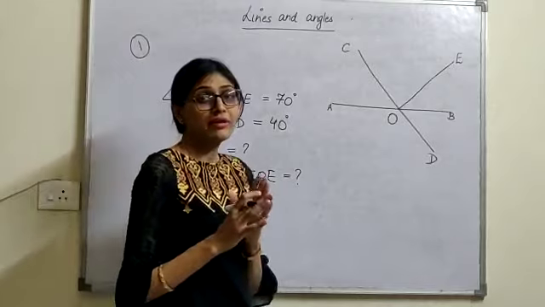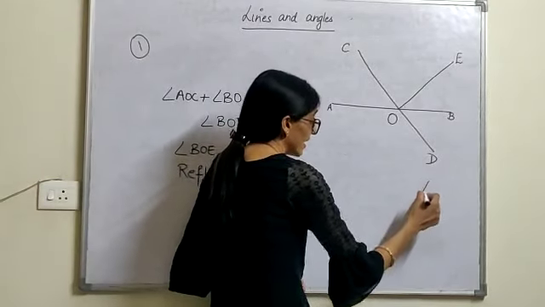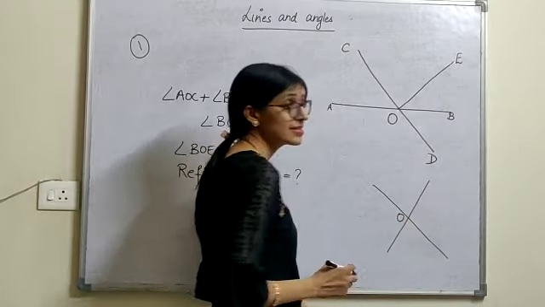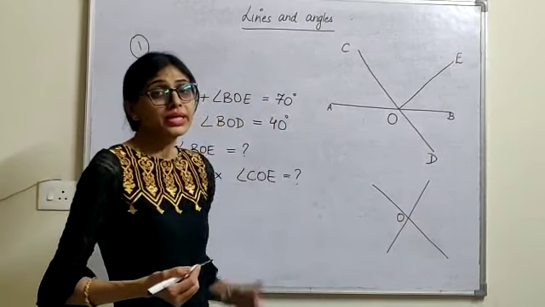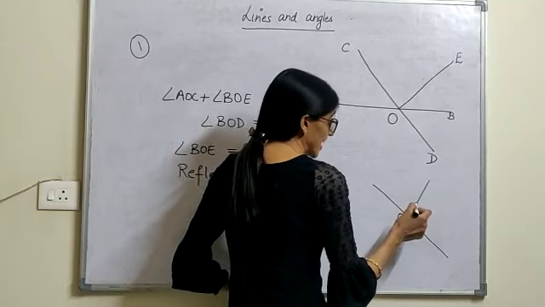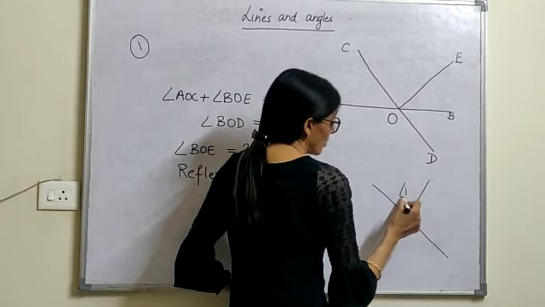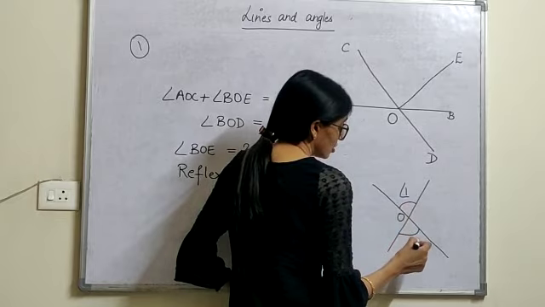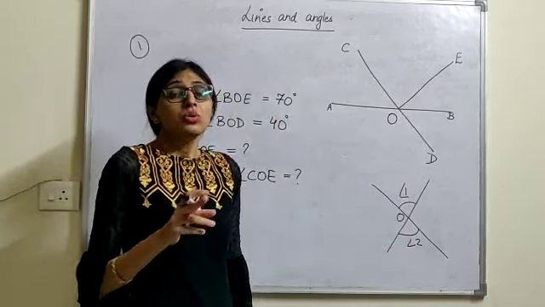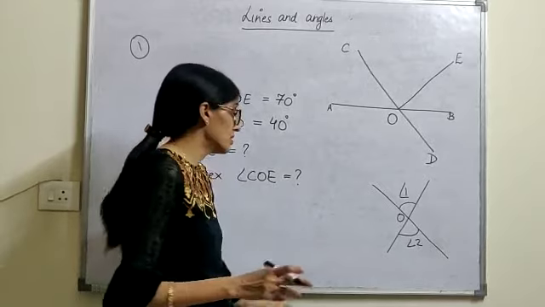Now, first thing you have to understand: whenever two lines intersect each other at some point, then their vertically opposite angles are equal. What do you mean by vertically opposite angles? This is angle 1, this is angle 2. They are opposite to each other, so these are known as vertically opposite angles.